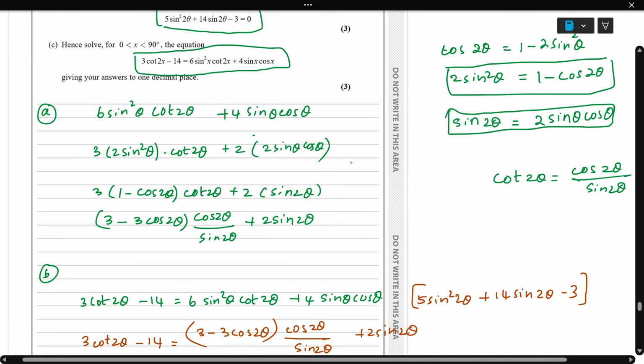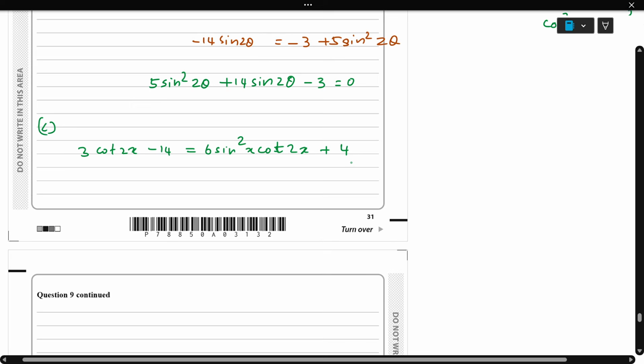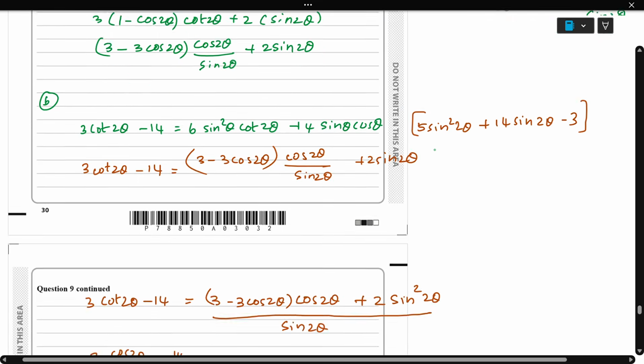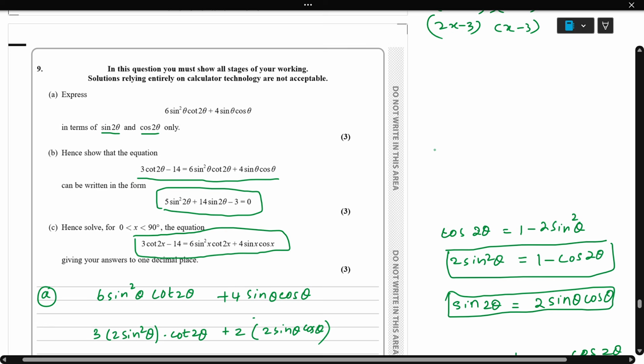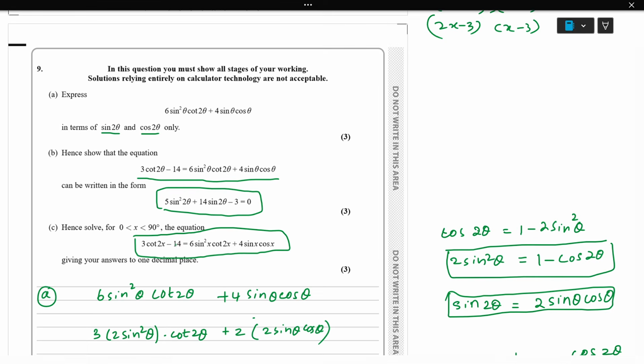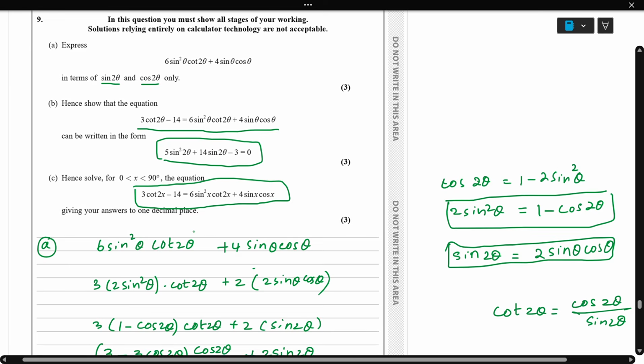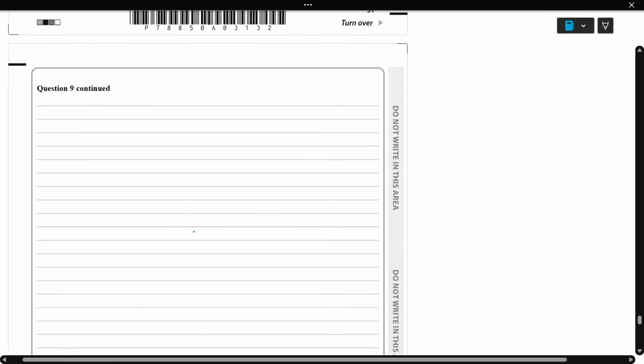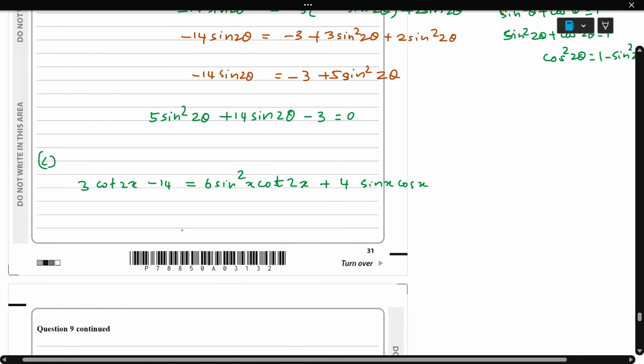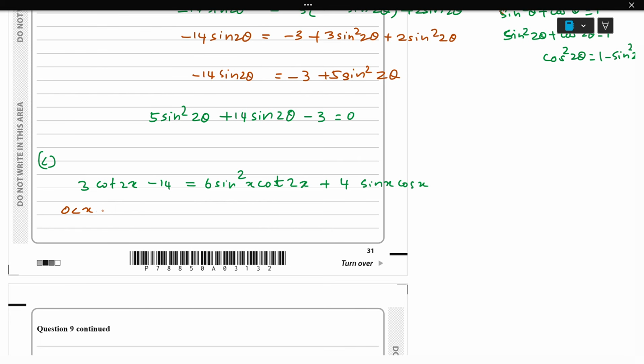But there is an interval given, 0 less than x less than 90, so we need to solve and find x. The final answer we have to give in one decimal place. The interval is 0 less than x less than 90.